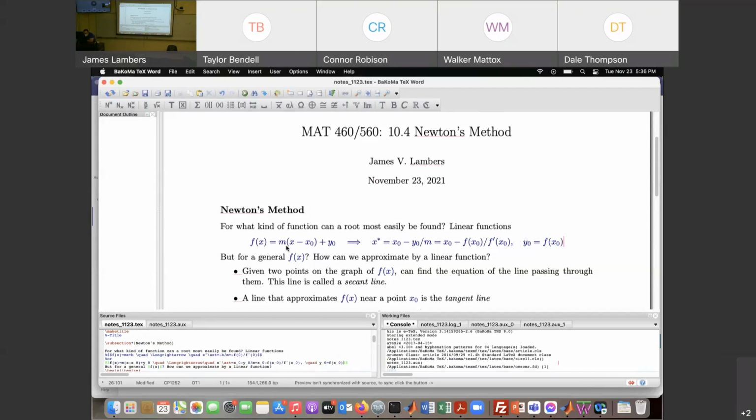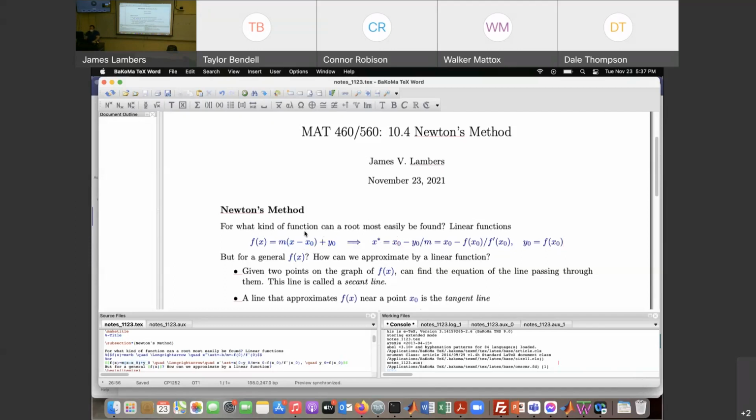So if we pick some linear function that passes through the graph of f at some point, then a linear function, unless it's a horizontal line, is guaranteed to have a root. So what we can do is just set this equal to 0 and find the root, x star.